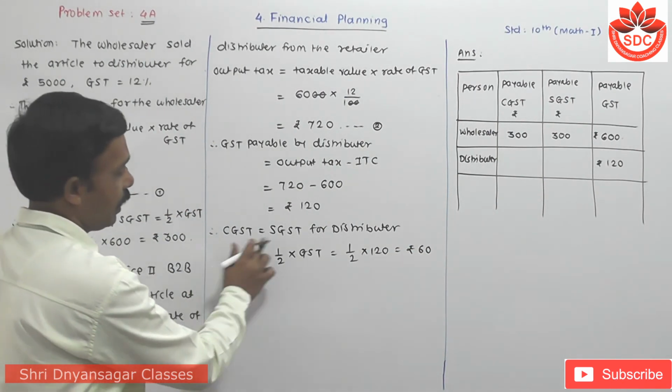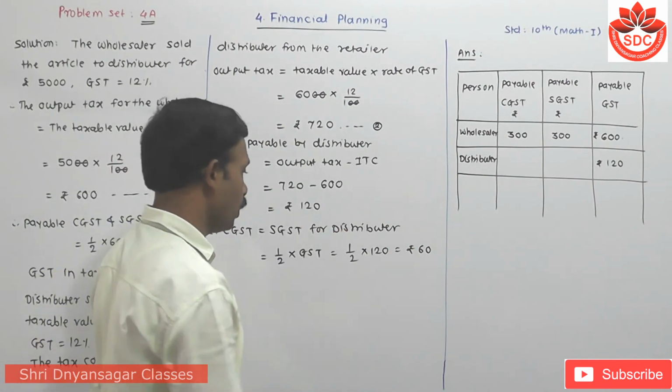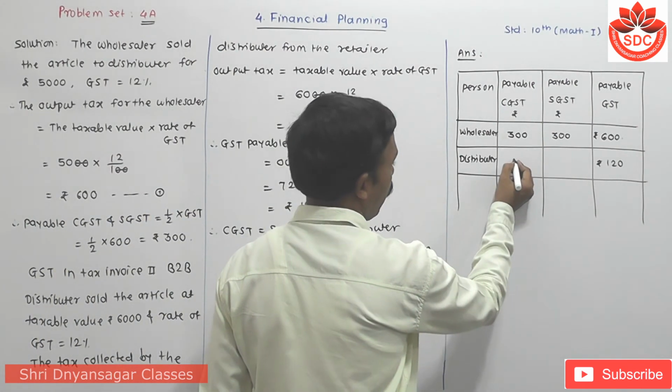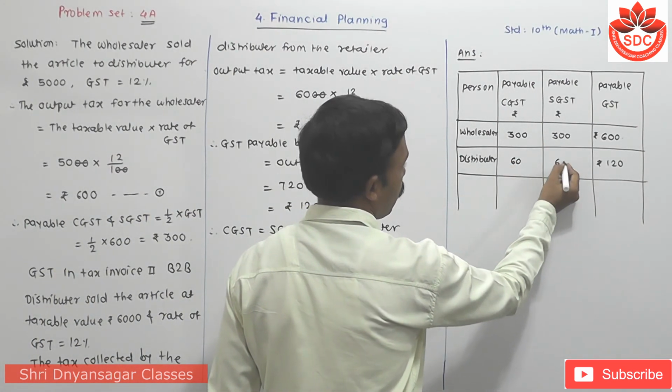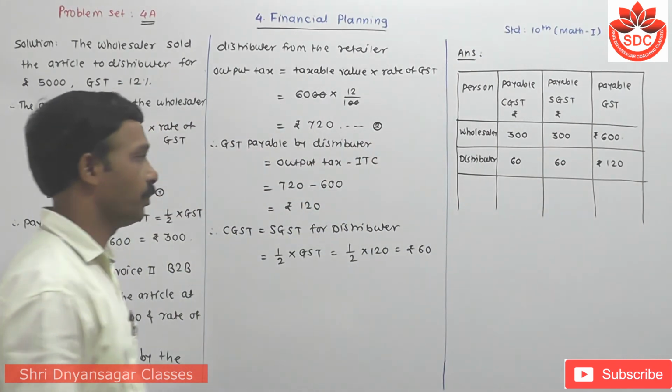So CGST and SGST for this distributor is 60 rupees. So I will write here 60 rupees and here also 60 rupees.